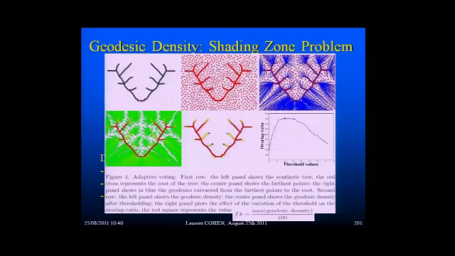You don't have a shading zone anywhere anymore. So here you see this voting result, which is higher on the tree structure, but is not zero anywhere anymore. Still, it is much higher on the tree structure than in the background, and you have an easy way, using a threshold, to get the whole tree structure, including these branches that are inside.